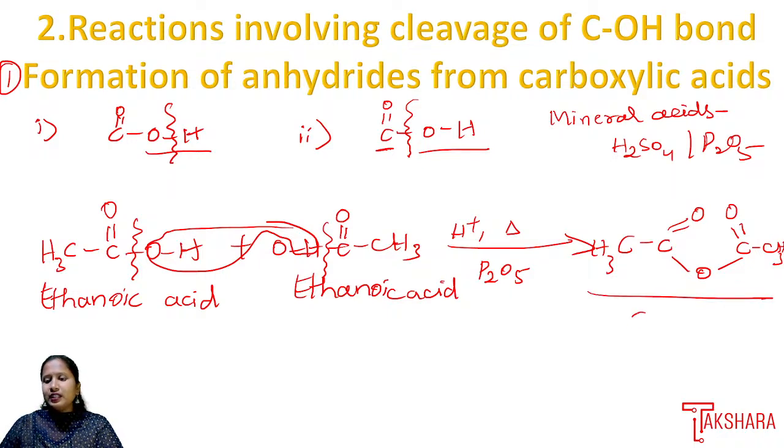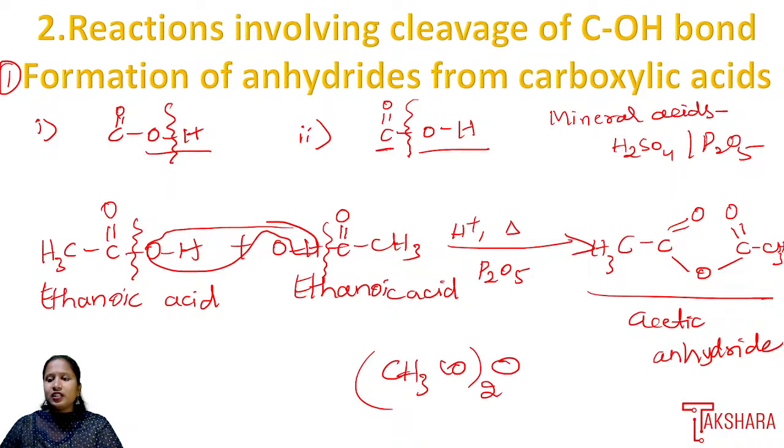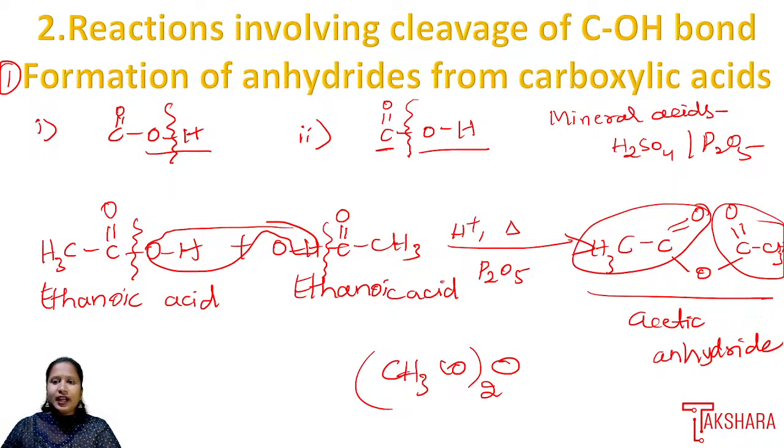This is called acetic anhydride. Acetic anhydride can also be written as (CH3CO)2O, twice the acetyl group along with the oxygen. So the bond cleaves between carbon and the hydroxyl group. This is the first reaction to show the cleavage of the C-OH bond in carboxylic acids.